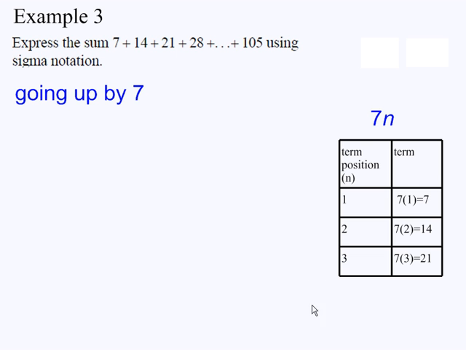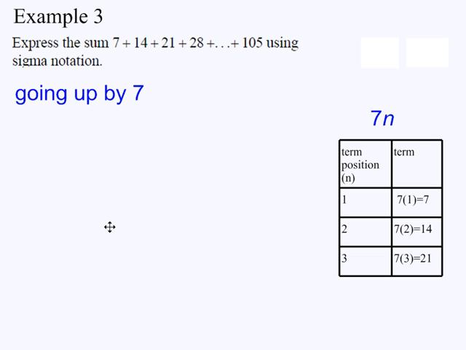In other words, when n is 15, that's when we get 105. So we know that the term position of 105 is 15. Or it can be stated this way: 105 is the 15th term, or the last term of the sequence.